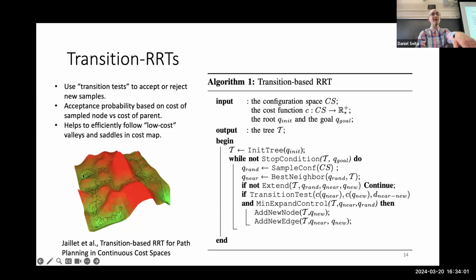The main use case is if you have a cost function or some kind of environment where you can express it as a set of values or saddle points. You can think of this as a 2D terrain with a bunch of hills, and you try to keep growing the tree in regions where there are valleys or local minima, and that'll help get from one point to another in areas which have high cost.